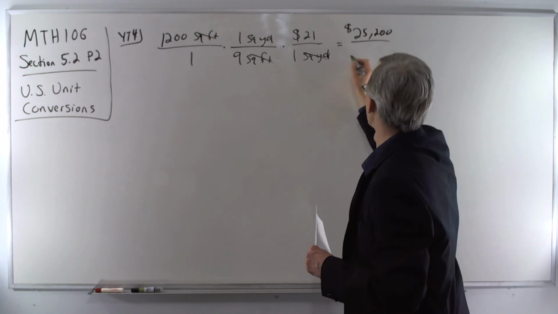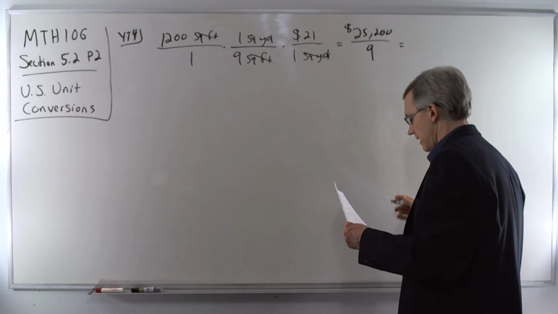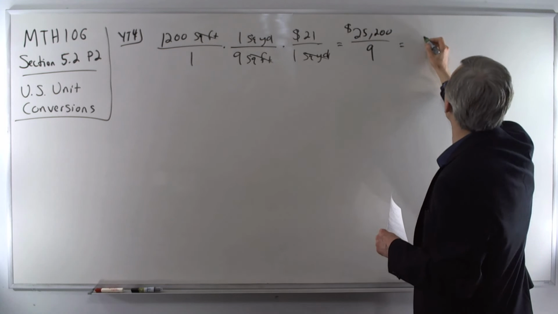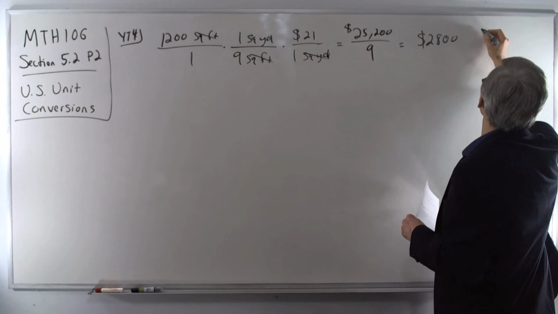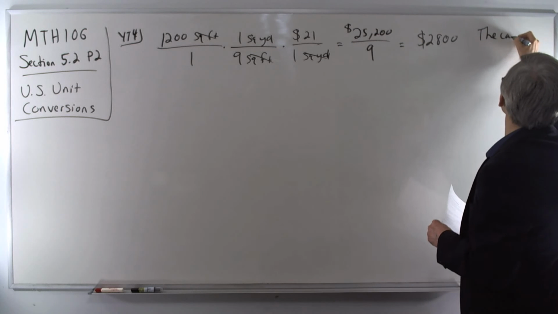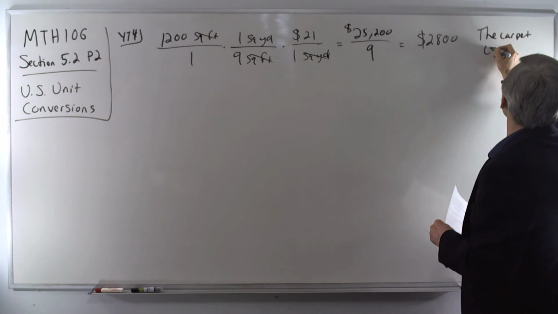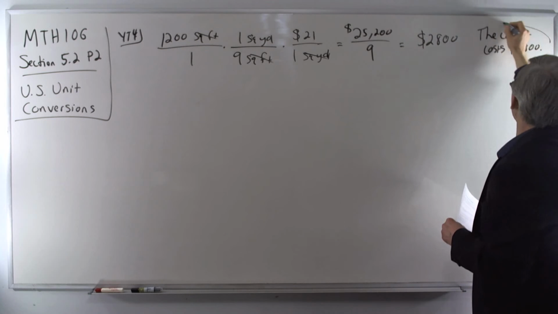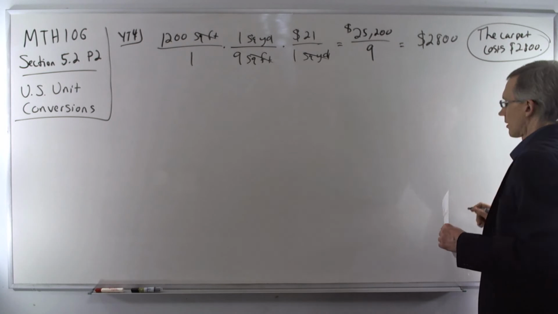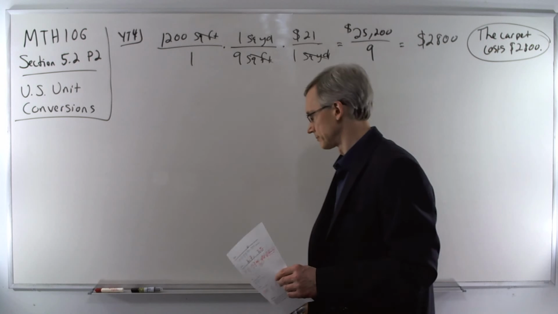And multiply across the bottom, we get 9. Divide that out. And we get $2,800. The carpeting costs $2,800.